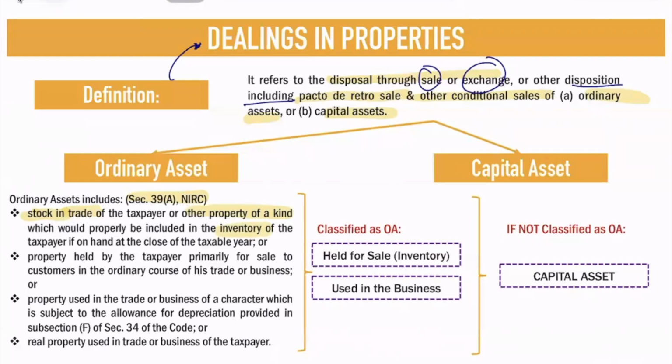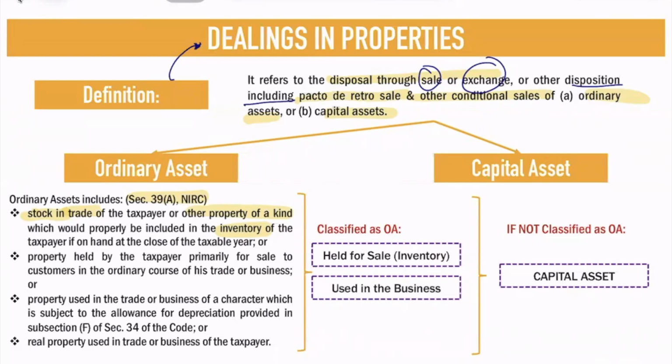Earlier, we said if it is part of your inventory, then it is considered an ordinary asset. Another one is stock in trade. In short, it is part of your normal or ordinary course of business to buy and sell stock. Therefore, we call that your inventory.